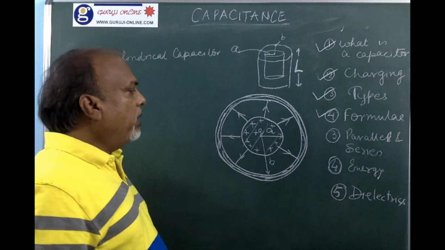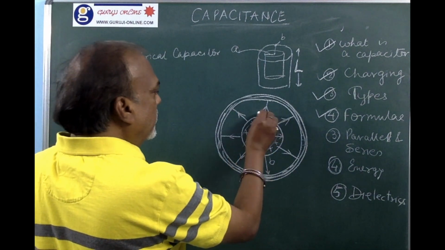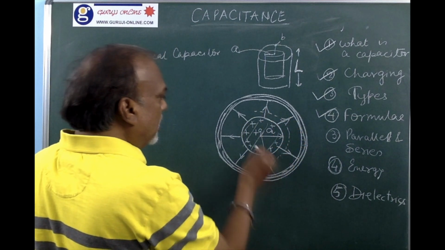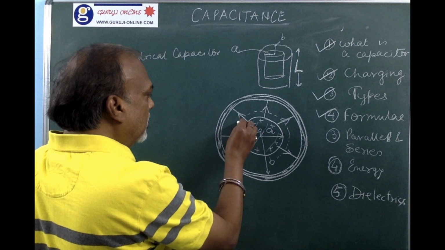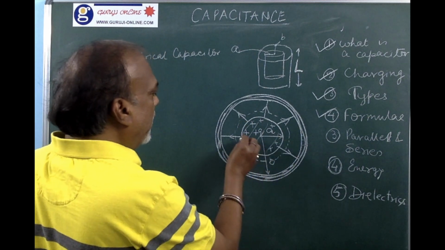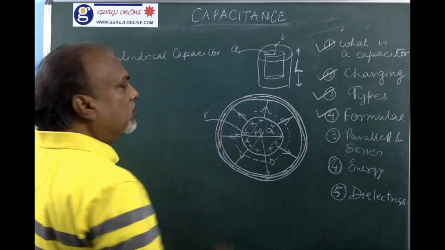This is how the electric field will be there. Again, let us make a Gaussian surface like this, and its radius is r.